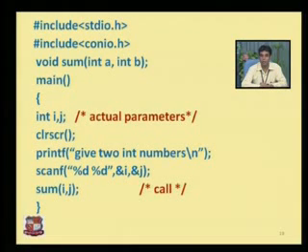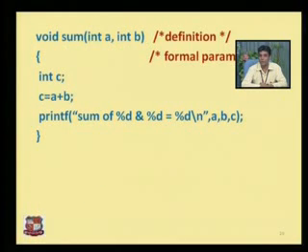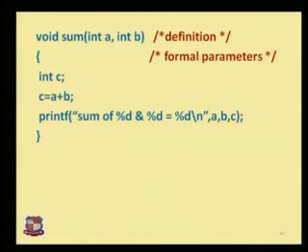When the compiler reaches sum(i, j), it will call a particular definition, and that definition should be the same as the declaration of the function. The declaration of the function is void sum(int a, int b), and the definition is the same, void sum(int a, int b). This is the particular definition.